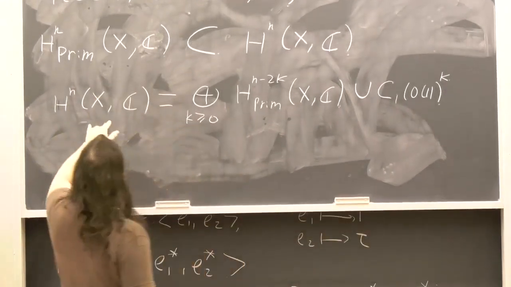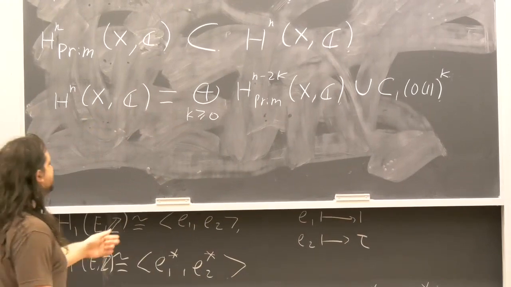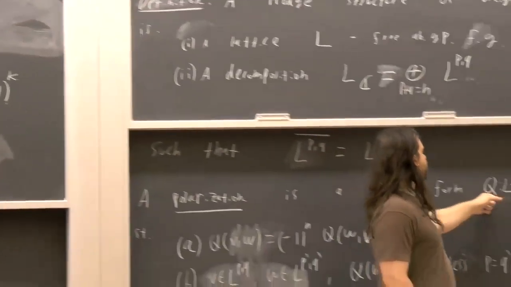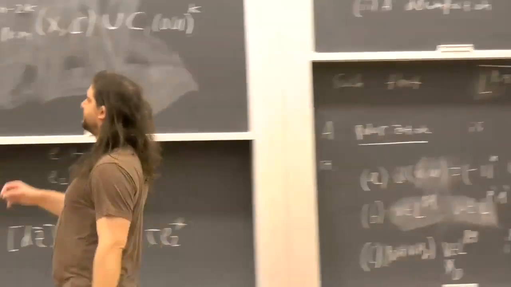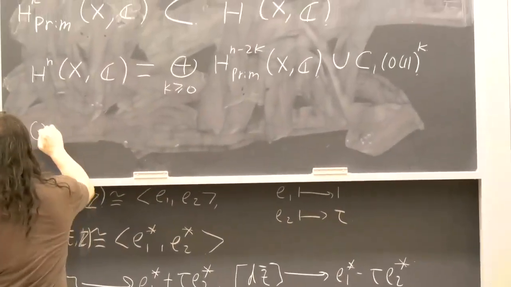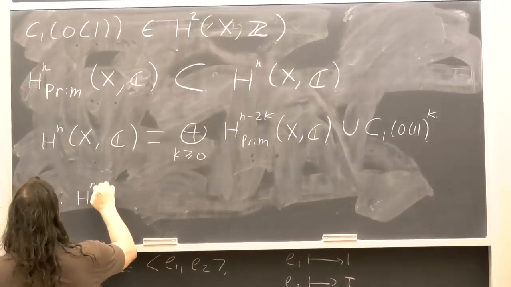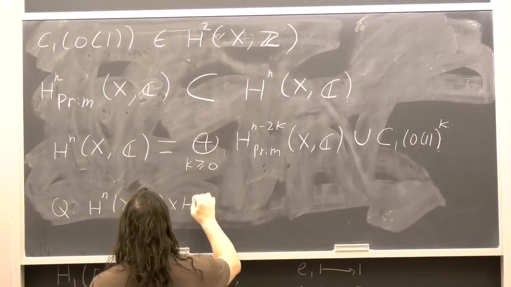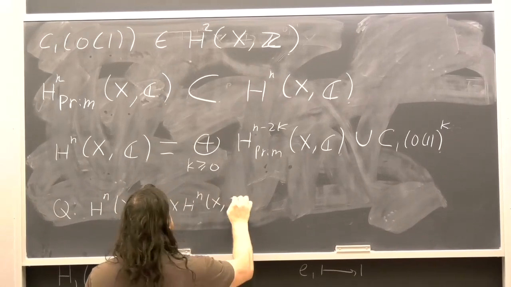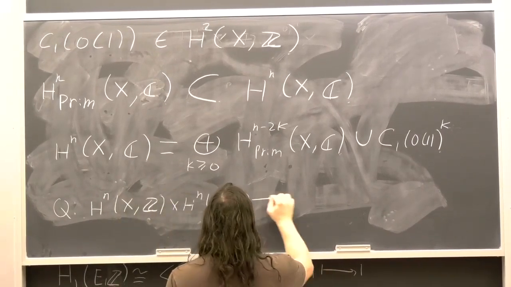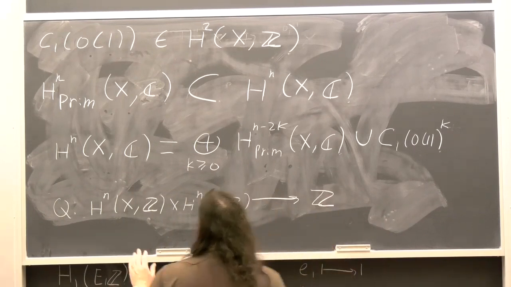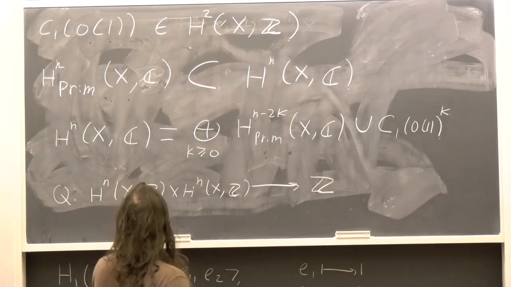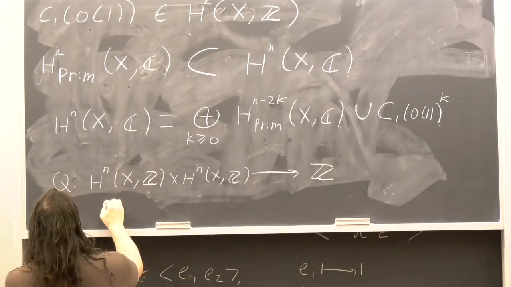Okay, so now I haven't defined this yet. What is it going to be? Well, before defining it, let me define what our form Q is. Our form Q, what is it going to be? Well, it's going to be defined the following way.